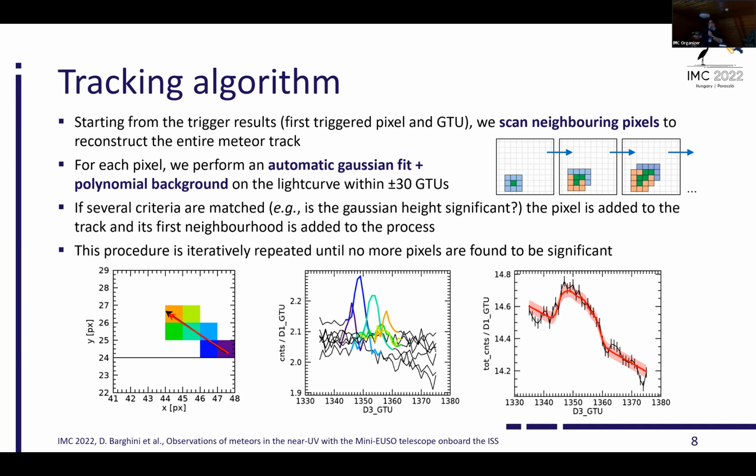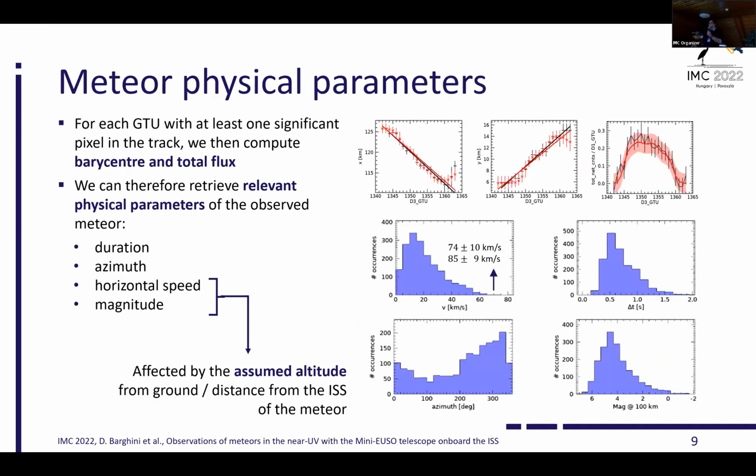In this way, we can reconstruct the whole meteor light curve and the position of the meteor as a function of time. So these are the results, the X and Y position and the net intensity of the meteor itself. And from this data, we can derive the duration, the direction, so the azimuth, the horizontal speed, since we don't have the vertical triangulation, and the magnitude, also assuming some altitude for those meteors.